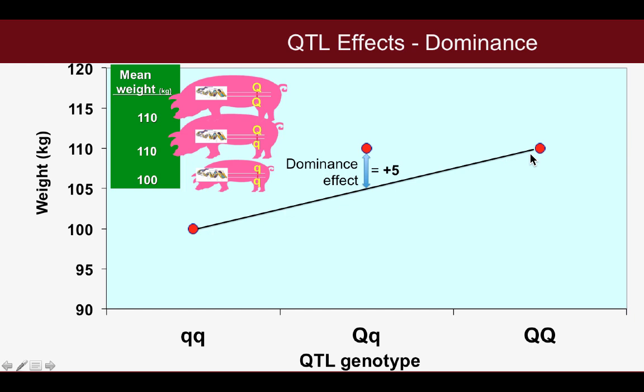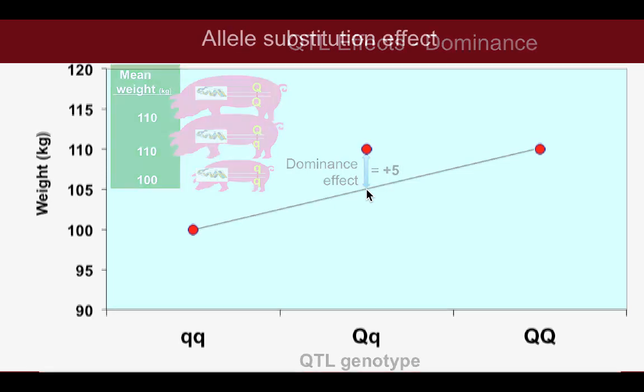And the dominance effect is the difference between the average phenotype of the heterozygote and the midpoint between the average phenotype of the two homozygotes. Now, this is a positive dominance effect, and positive dominance effects are also the basis of heterosis. In other words, crosses or crossbreds tend to be more heterozygous, and they tend to have higher phenotypes on average than the parental breeds, and this is referred to as heterosis.